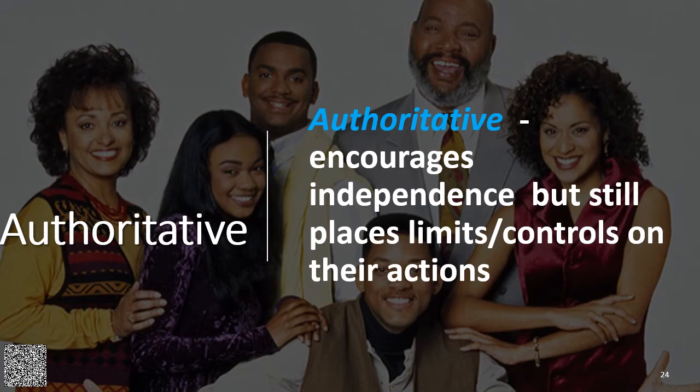That authority piece is the main thing. Red Foreman is the rules. Uncle Phil's the rules too, but that's part of his game. It's a little more complex. There's also more of a focus on warm relationships. So basically, this is the ideal parenting style in terms of developmental outcomes. This exists in a vast multitude of ways.